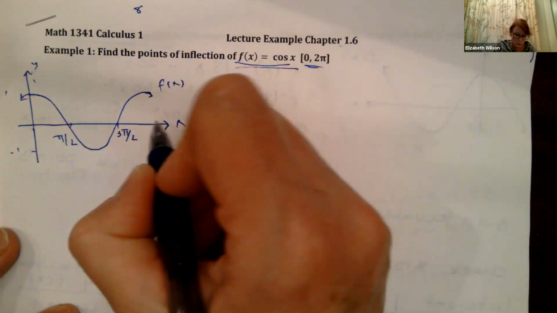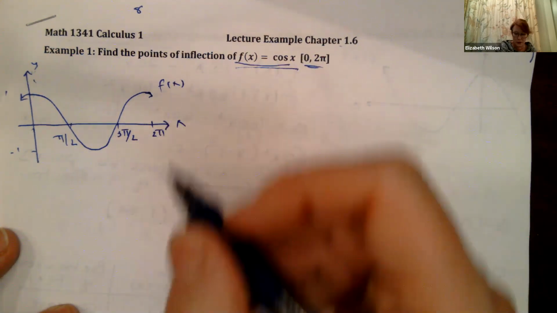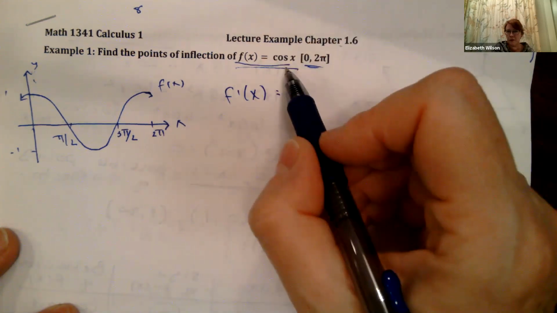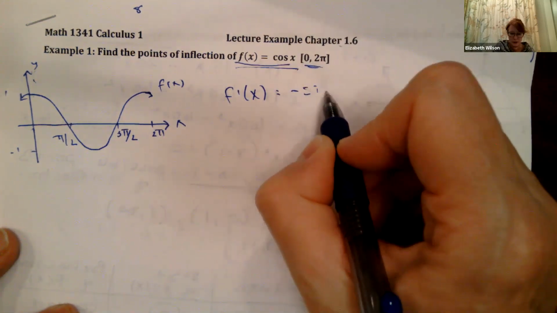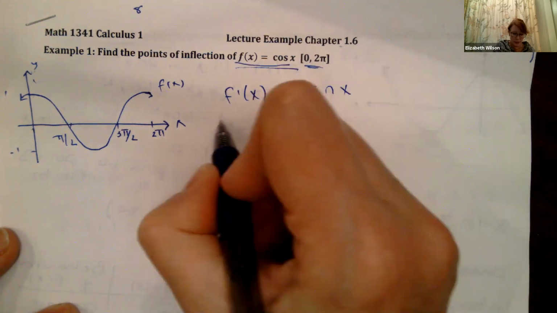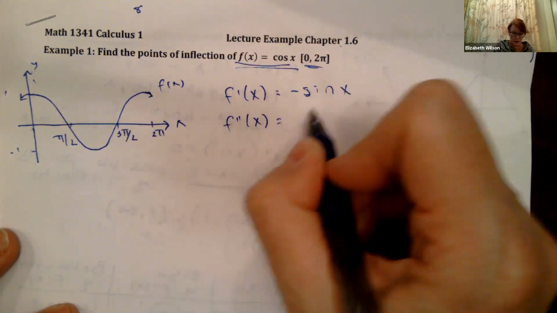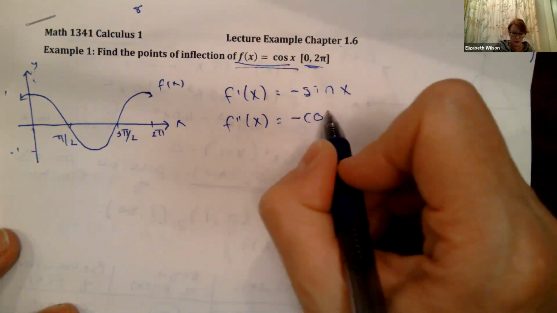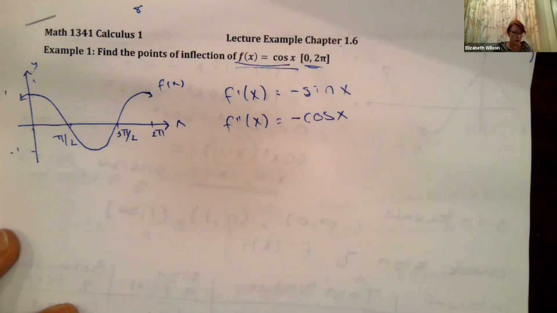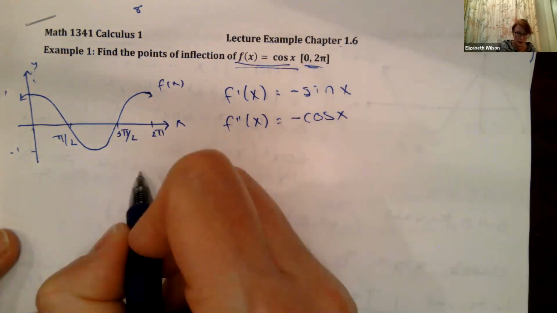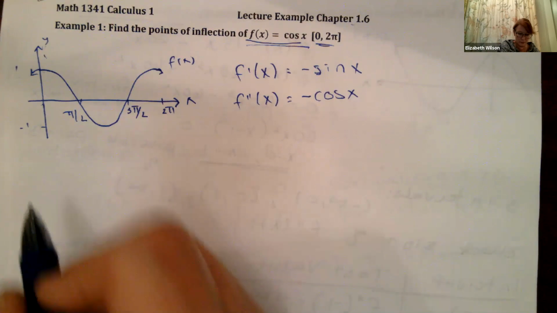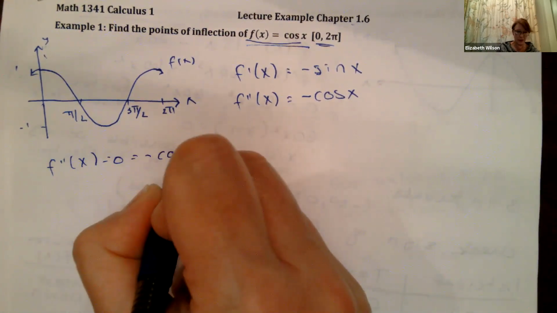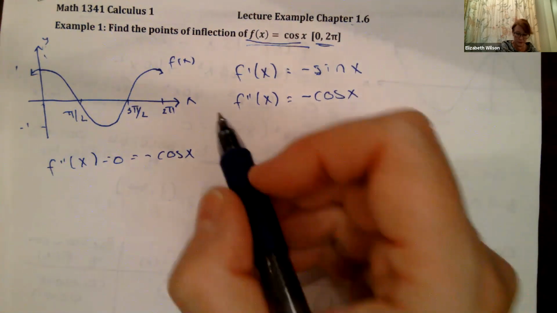Now when I go to take this derivative, my derivative of cosine is minus the sine. My second derivative is going to be minus cosine of x. So now what I need to do is set my second derivative equal to 0 and solve for x.